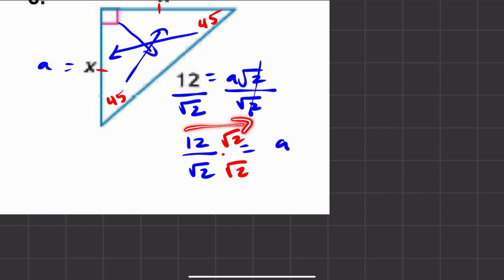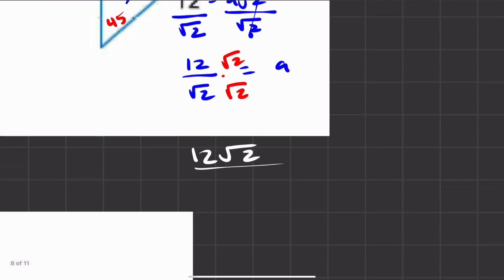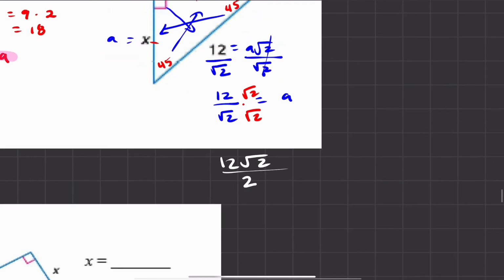So we multiply across. What do I have? I have 12 times root 2, which is 12 root 2, all over root 2 times root 2, which is just 2. And that's equal to A right now.